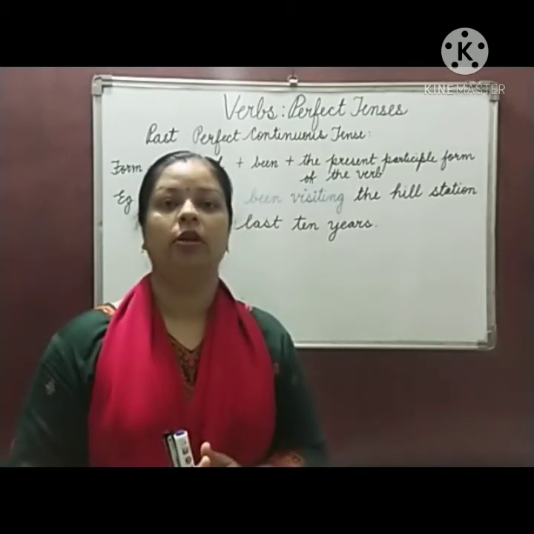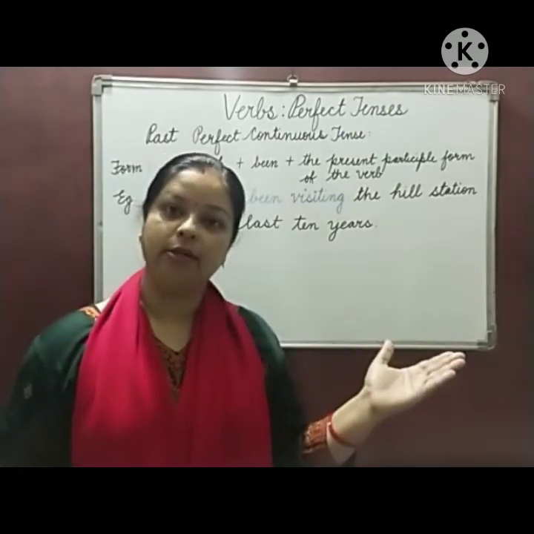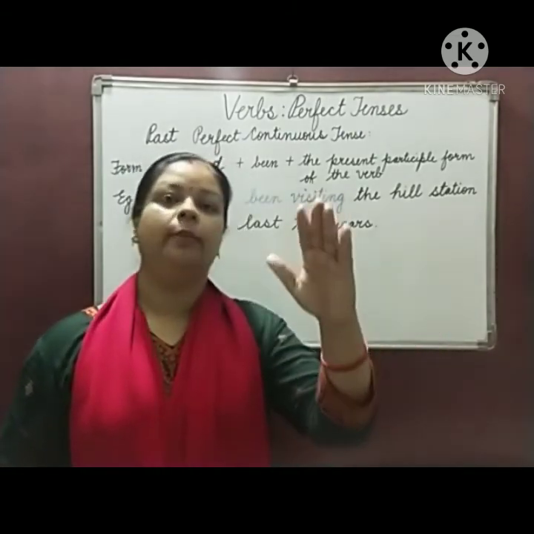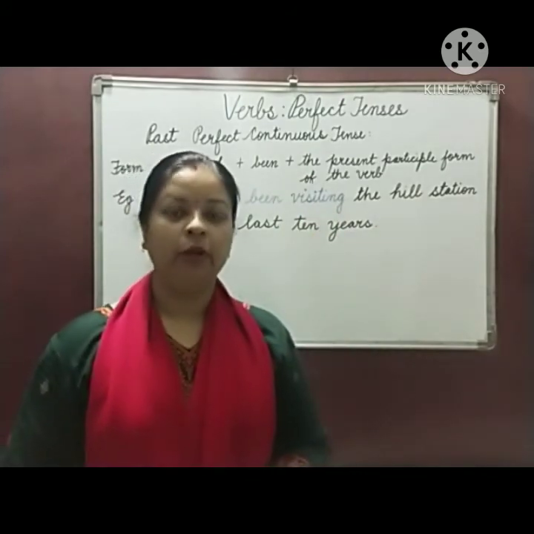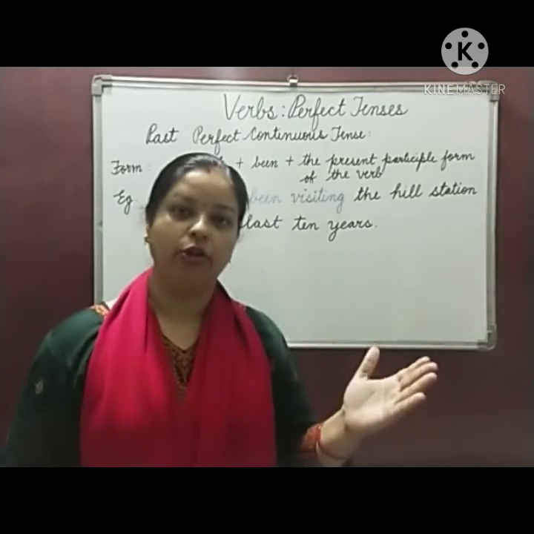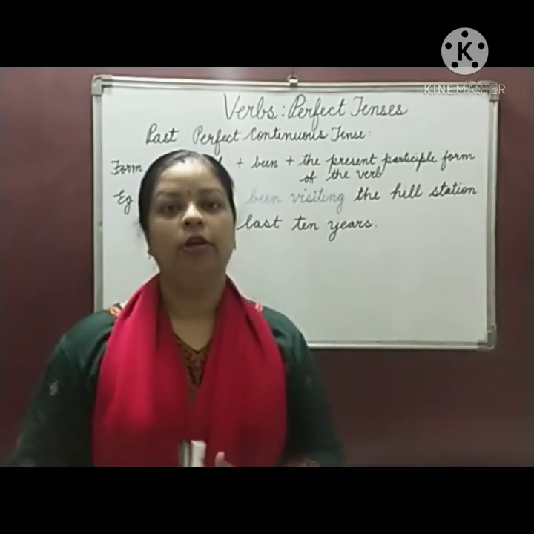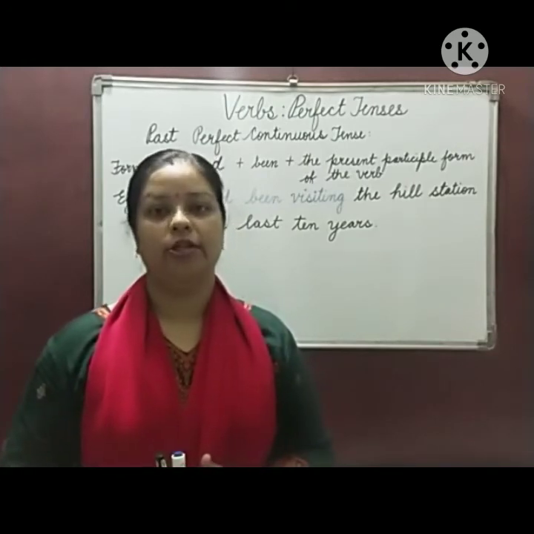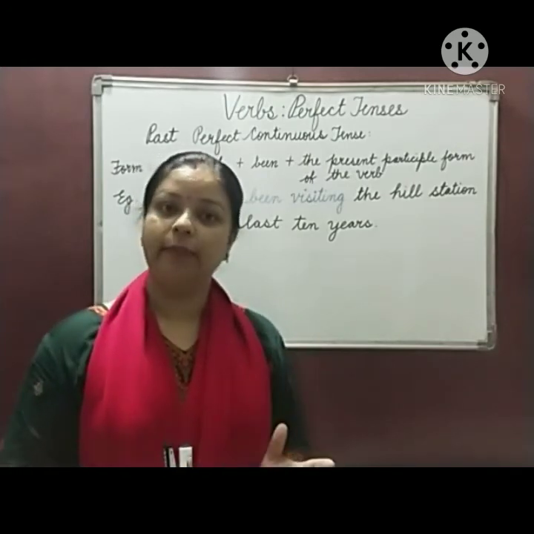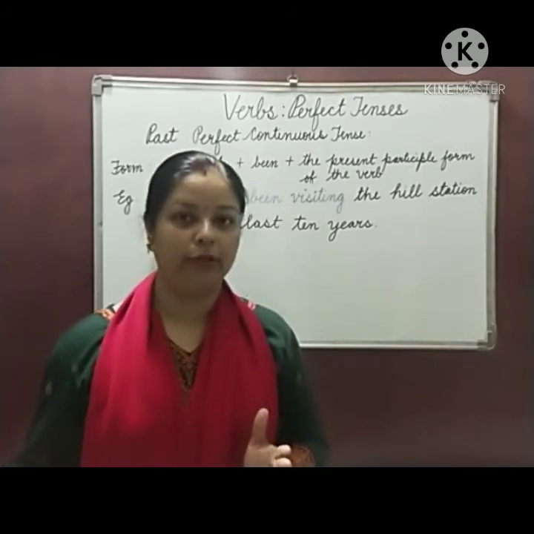It shows a long duration of an action that started in the past and continued in the past for a long time. After that it also states any other action or event.